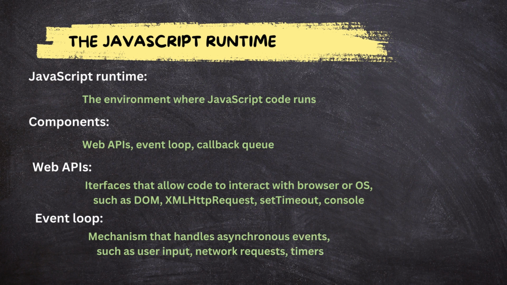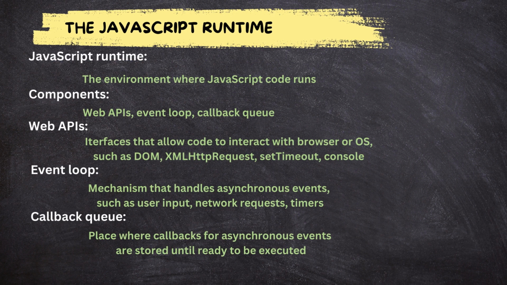Now, the event loop is the mechanism that handles the asynchronous events that occur in your code, such as user input, network requests, or timers. The callback queue is the place where the callbacks that are associated with these events are stored until they are ready to be executed.